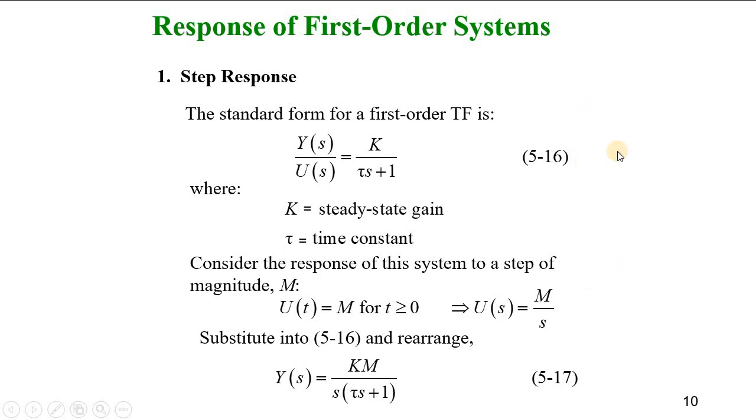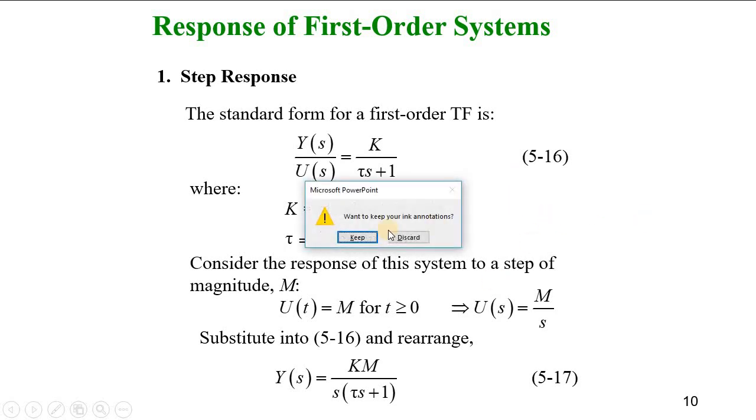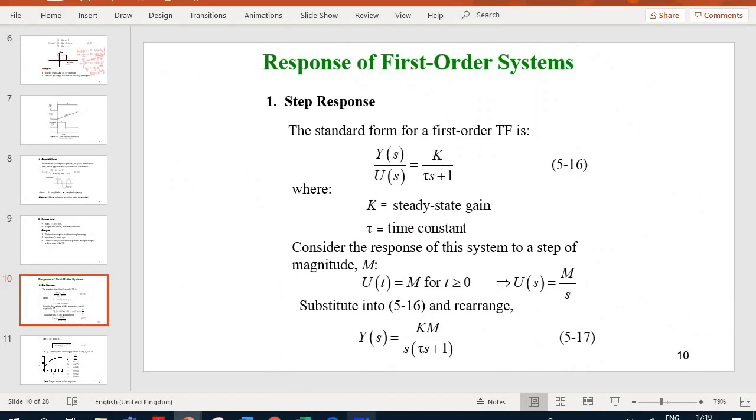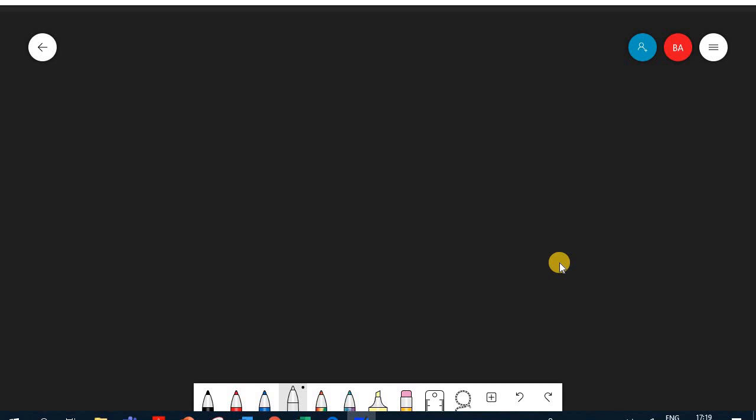Now, we want to take the examples that we have and apply them to our systems, all that we have gained so far. I'm just going to go out of this slide. So what did we have so far?